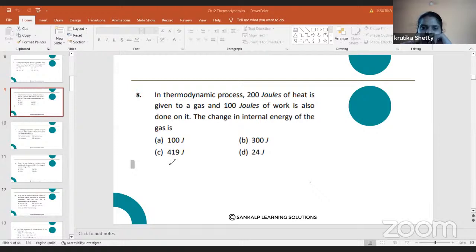Yes. Option D. Okay. So in a thermodynamic process, 200 joule of heat is given. Q value. D 24.